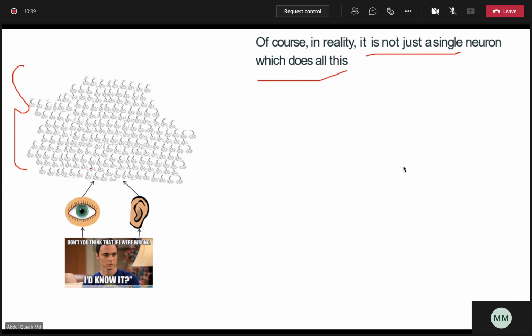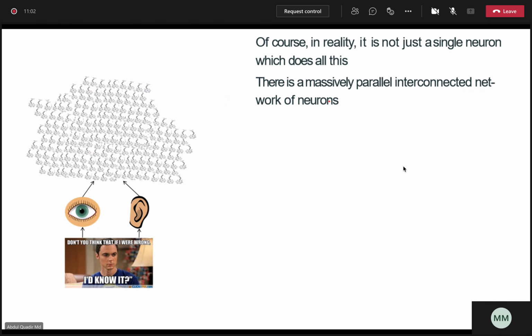One neuron will transmit the information to another neuron, and it goes on, because it's a group of massive interconnected networks. Finally, you trigger an action whether you want to laugh or not, based on certain conditions. It is a massive parallel interconnected network of neurons.